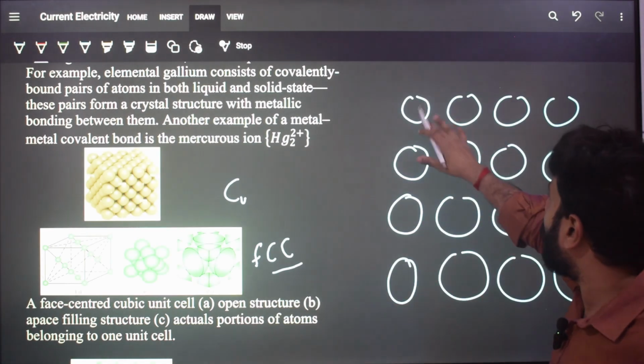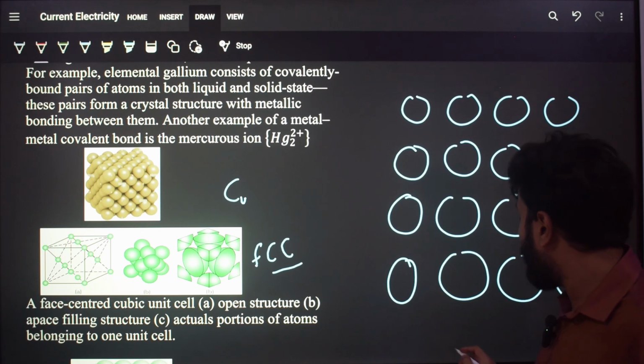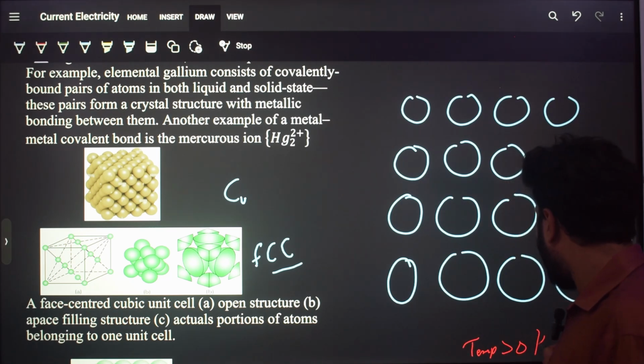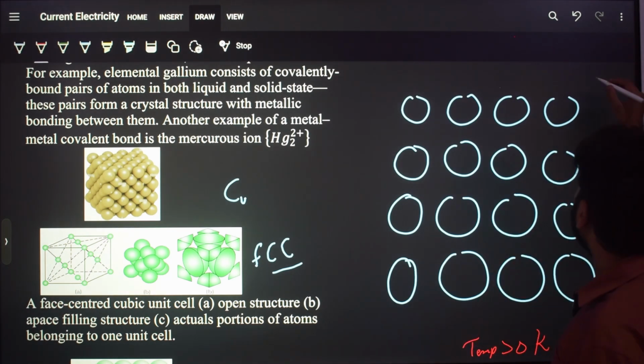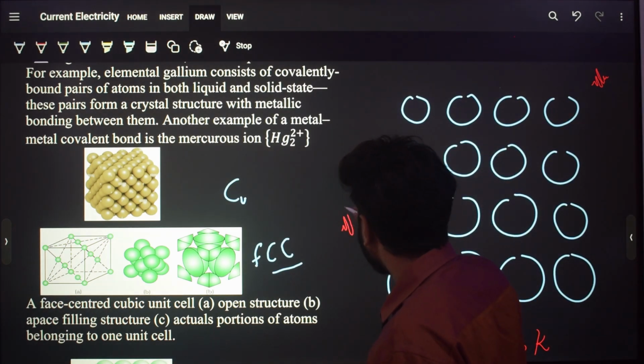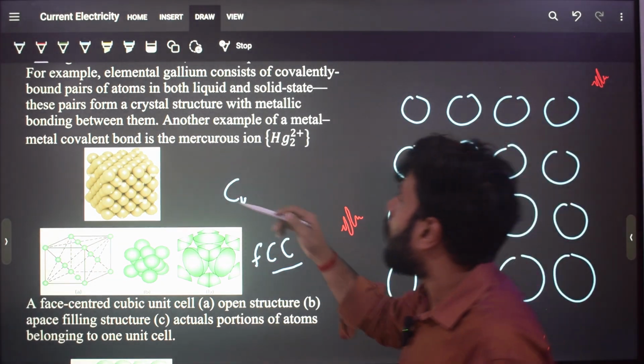So what happens? You have many atoms in a lattice, and let's say the temperature is above 0 Kelvin. In that case, there will be many energetic photons which can knock the electron from one atom.